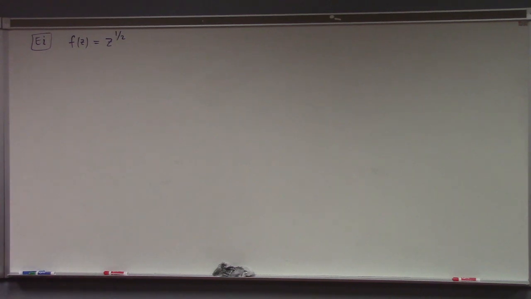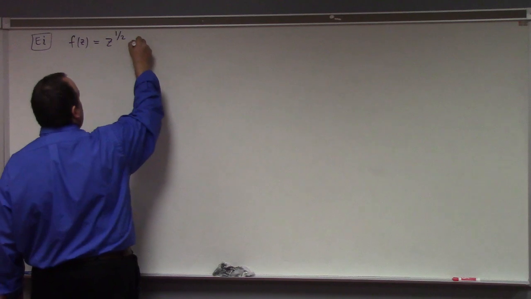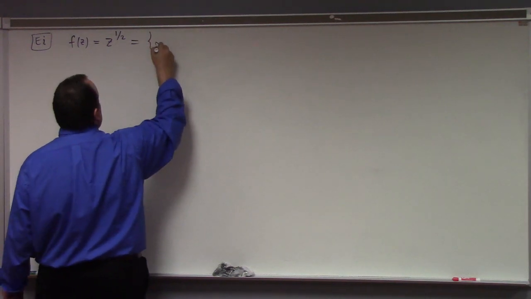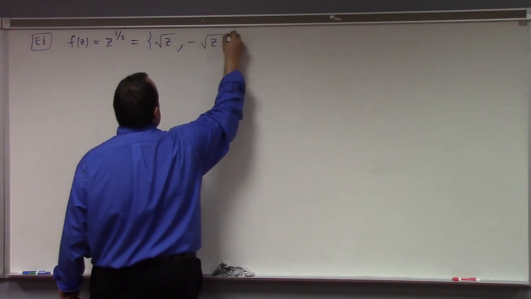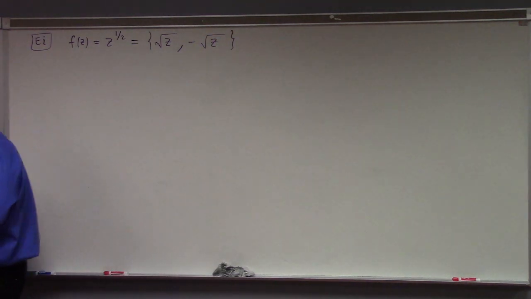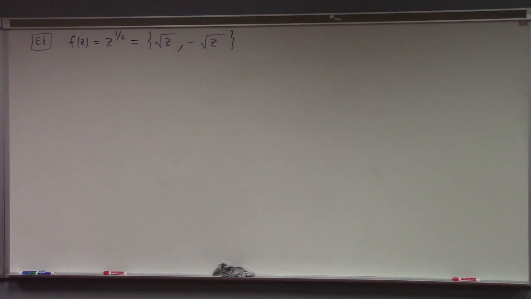So this would not be a function for the reasons that you're worrying about, because of course this is equal to a set, namely the square root of z, the principal square root, and minus the principal square root. So to answer your question, Ernesto, how would you solve that quadratic equation? When you solve a complex thing squared, the solutions are plus or minus the principal square root.